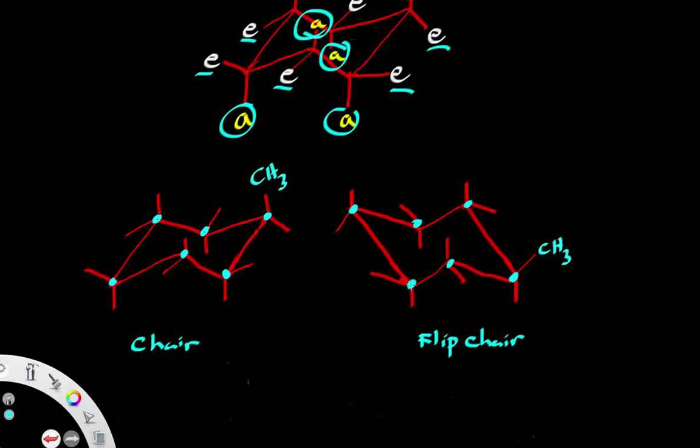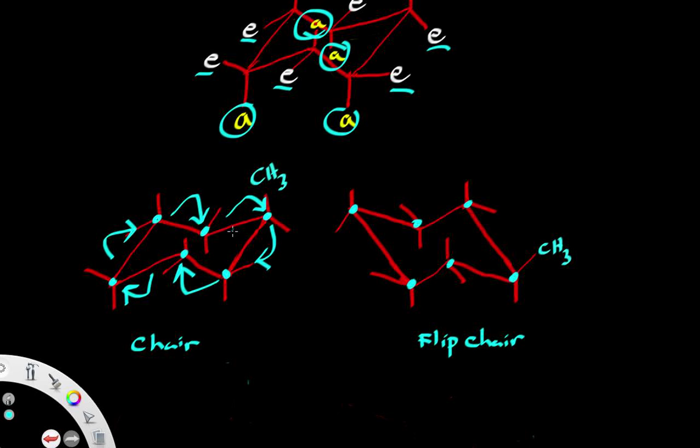When we go from this chair conformation to a flip chair, we are actually rotating through space all of these carbons, and it's really like a domino effect where everything gets shifted and moved over from this position in space to, for example, this position in space. And when I'm saying that these carbons are moving, I'm not suggesting that bonds are being broken or anything like that. What I'm simply stating is that these carbons are just moving from one dimension in space to the other.